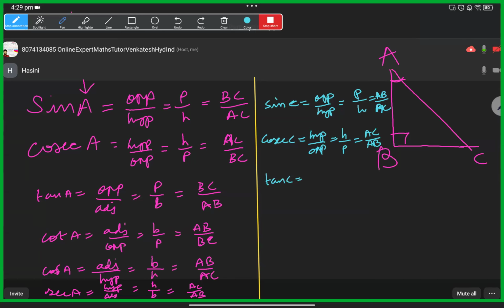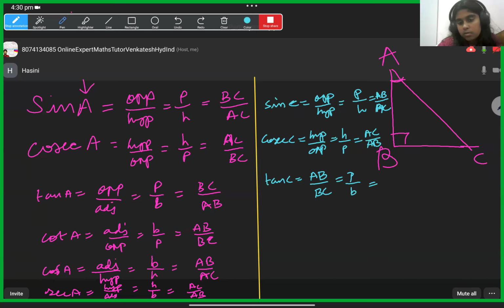Now tan C. Tan C is AB by BC. Tan C means perpendicular by base, so it will become AB by BC.